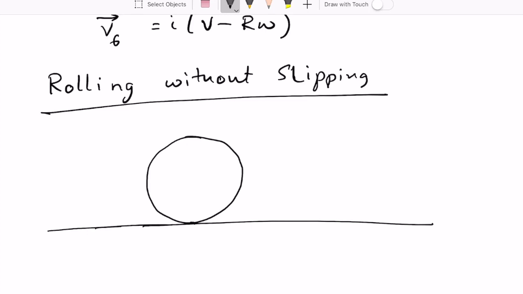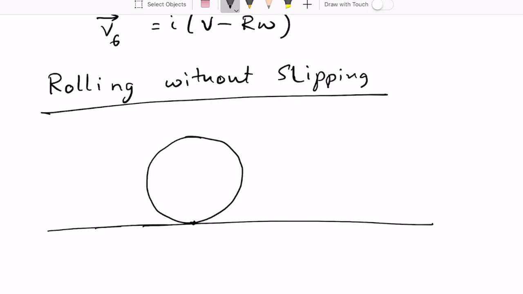So rolling without slipping is when the point at the bottom of the object is momentarily at rest relative to the ground. So the only type of friction is static friction. There is no kinetic friction. Kinetic friction only happens when the two surfaces are moving relative to each other and there is sliding between the surfaces.